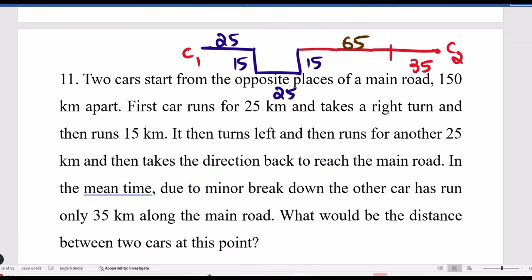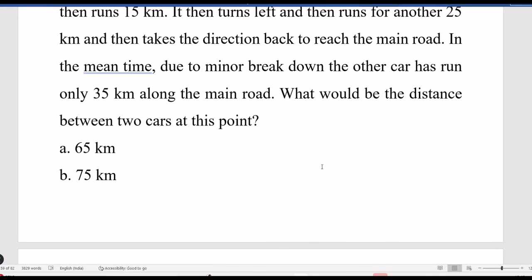This left and right, no, the distance straight like opposite. Straight forward distance is 150 between car 1 and car 2. Here due to something it came to left and then travel 25, again come to main road. You deviated, then came to main road again. So that 15, that 30 kilometers is wasted actually. It should be 65 should be your answer. Your option 65 is available.